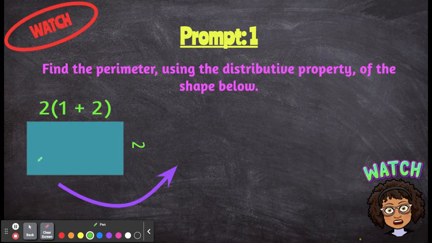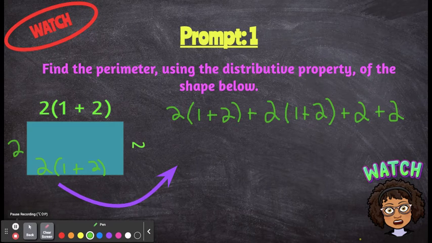So that means the bottom is going to be the same, which is 2 parentheses, 1 plus 2 parentheses. Got that? Then on the other side is 2, then this side is going to be 2. So just like we've been practicing, we're going to put this all together.